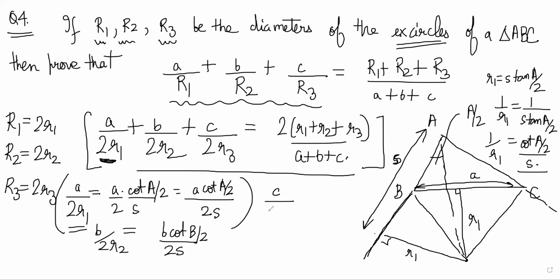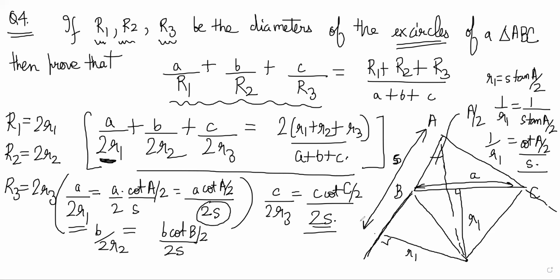Yes. And C by 2 R3 would be C cot C by 2 by 2S, right? Yeah. So the sum of them, notice that 2S is the common denominator.